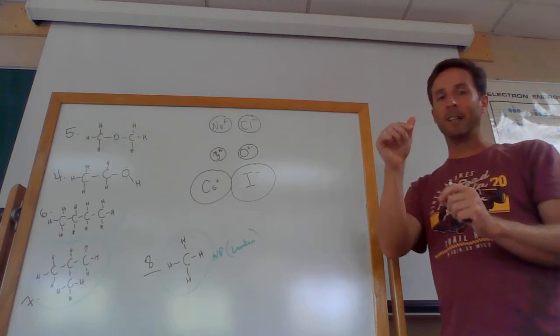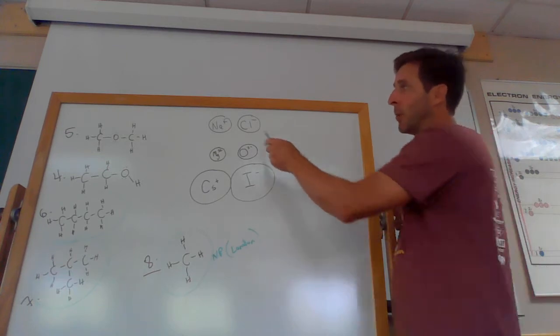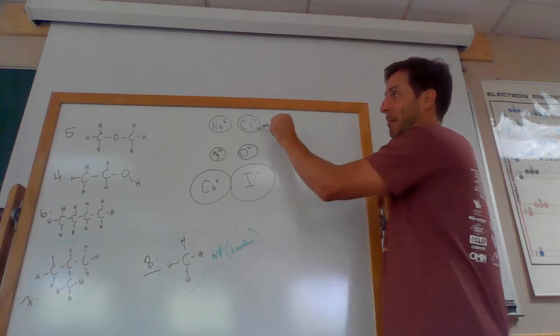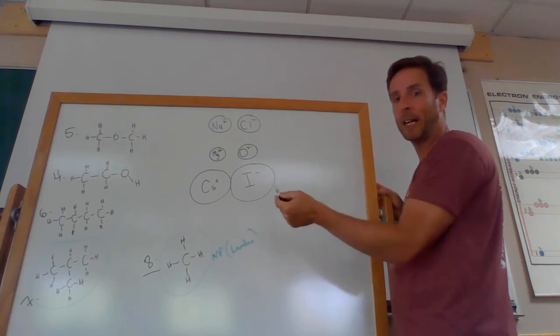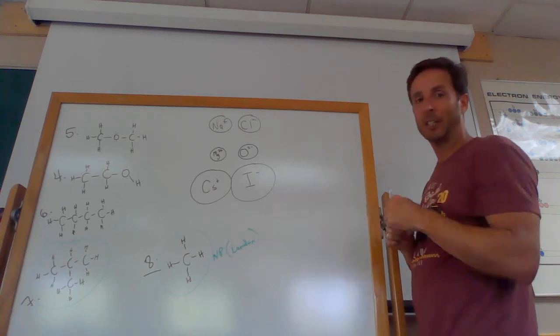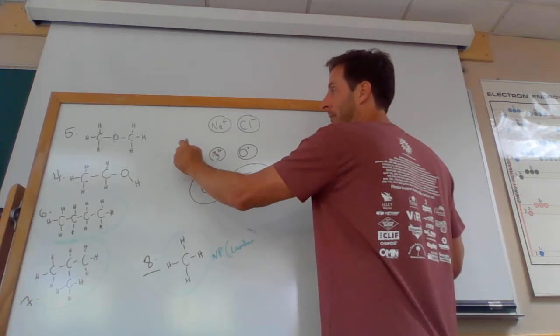If you increase the radius of the atoms, the force will actually decrease. So sodium chloride has less charge and it has a bigger atom involved. So both of those are going to make it have a weaker attraction. So basically MgO is going to be the strongest attraction because they're small and they have a lot of charge. So that's going to be number 1.